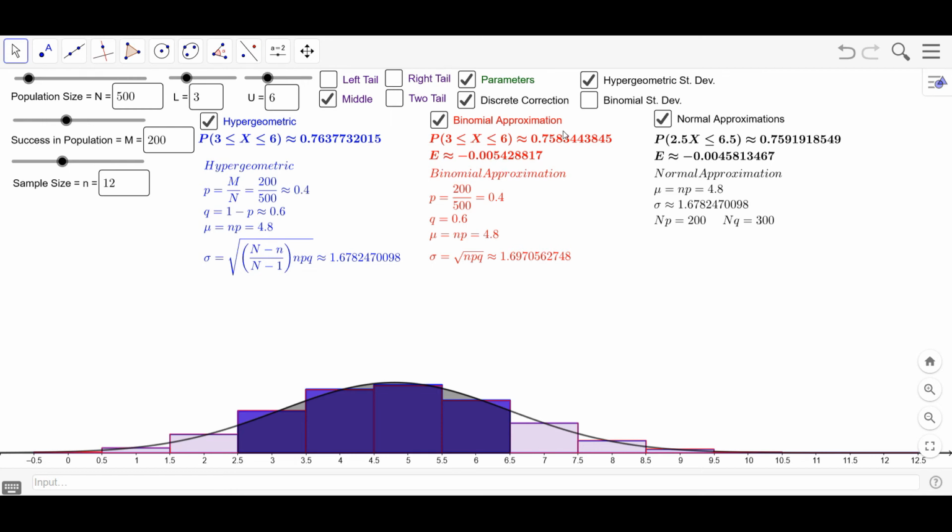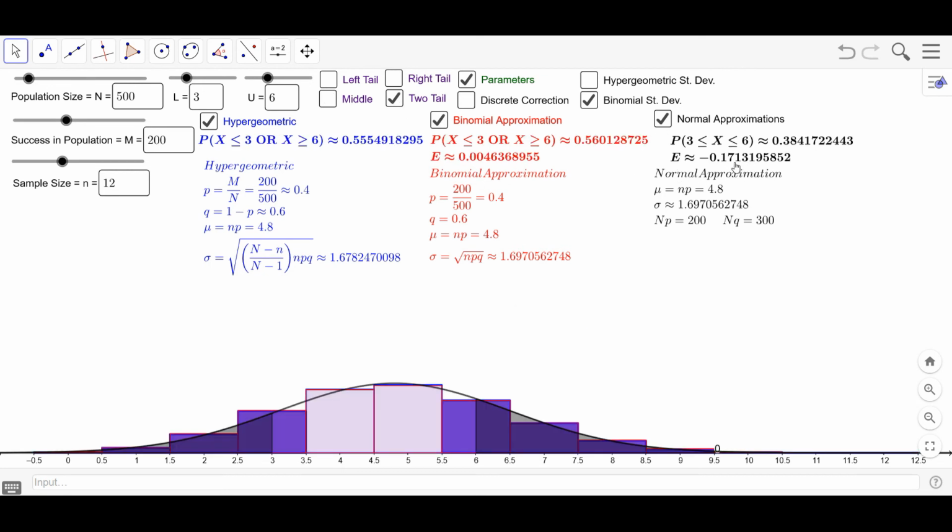And so we can see, even in this case, notice that NP and NQ are both 300, and yet without the discrete correction and using the binomial distribution standard deviation, the error is off by a lot here. Or if we do a two-tailed approximation, it's off by that amount, which is a whole bunch.